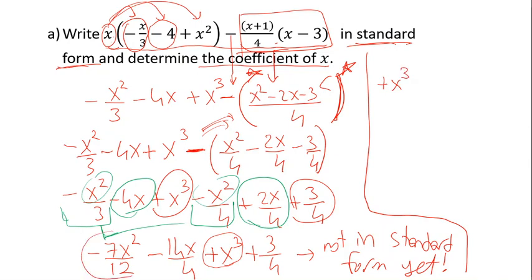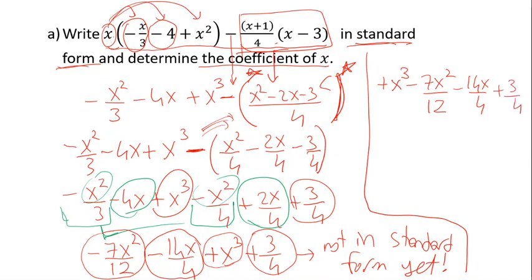The x squared term is this one, so you write the second term, x squared. And now the third one with x, so it will be negative 14x over 4. And then the last one is the constant term. So 3, 2, 1, it goes this way. This is standard form. So the powers should go in descending order.